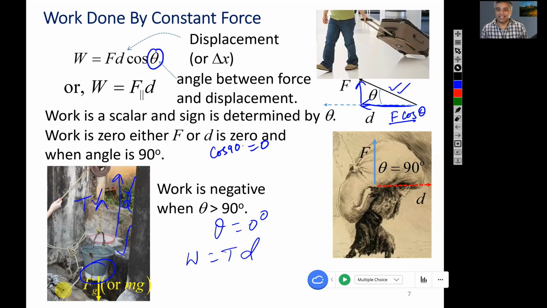Oh, forgot to warn. 20 more seconds, folks. In 5 more seconds. 5, 4, 3, 2, 1, and it stops.